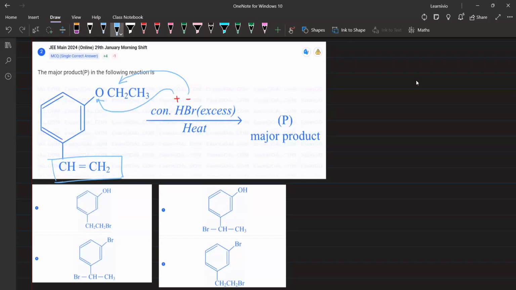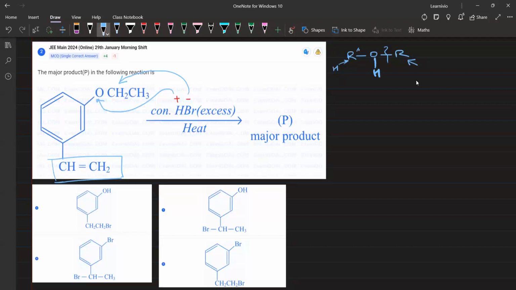So there are only two possibilities. There are two alkyl groups, R dash and OR. Either the hydrogen attaches here or it attaches here. It depends on which bond is easier to break. If this first bond is easier to break, then the OH will attach here.